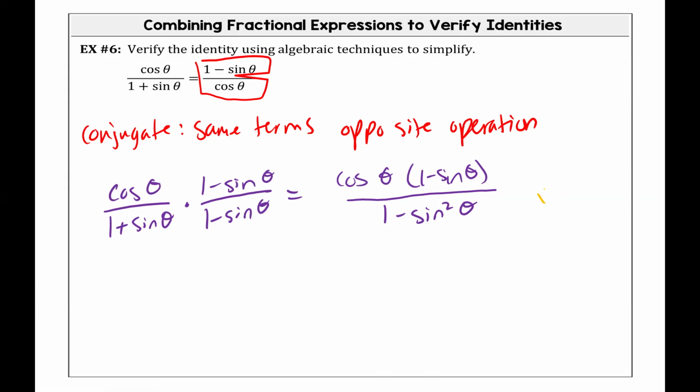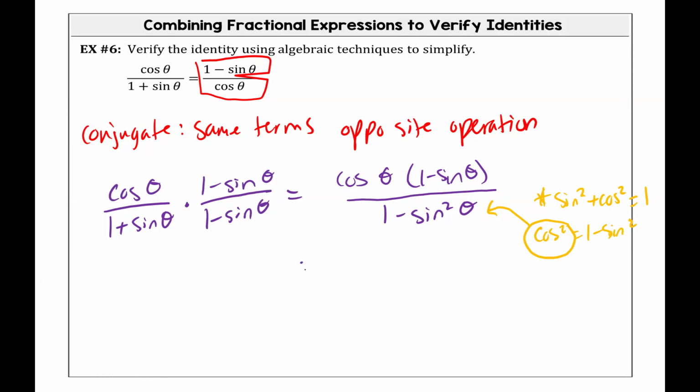So we know that our Pythagorean identity is sine squared plus cosine squared equals 1. If I subtract sine squared, what am I left with? I'm left with 1 minus sine squared. So when I see 1 minus sine squared, I can substitute it with cosine squared.